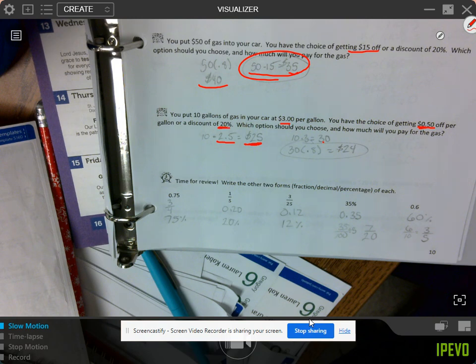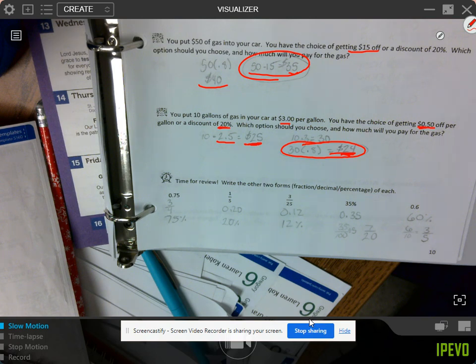And then that 20% off, so I did 30 times 0.80, because that's 100% minus the 20%. 30 times 0.8 is $24. So again, I'm going to want to choose the cheaper option. This one is not as big of a difference, but 25 versus $24. I'm going to go with that $24. And how much will you pay for gas? You'll pay $24. Any questions on that one?